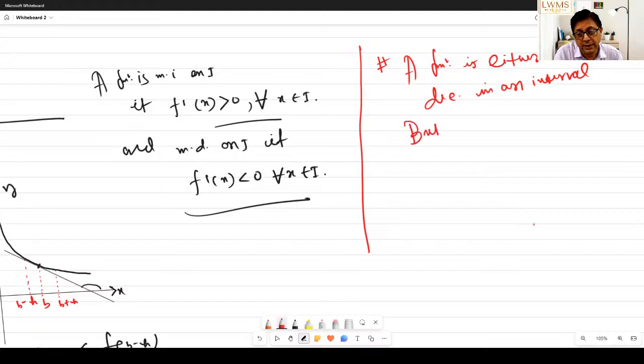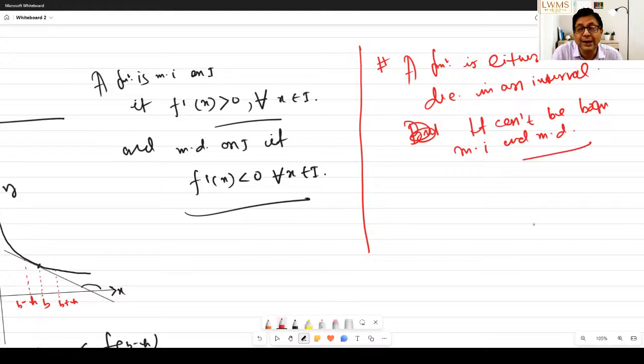But it cannot be both MI and MD. Whenever this case arises, you will say it is not a monotone function. If it happens, it is not a monotone function.